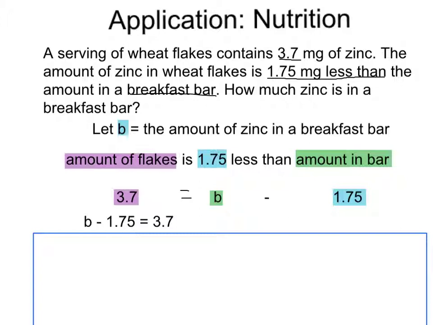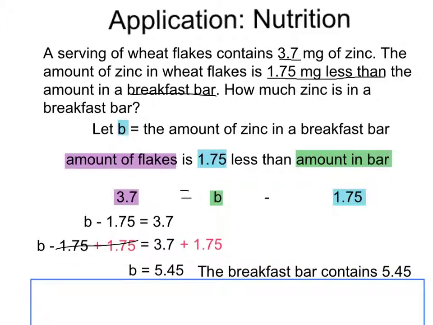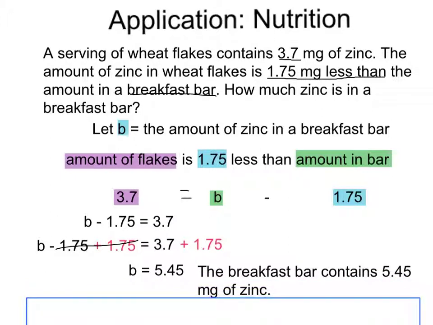So to do the inverse operation, we're going to add 1.75 to both sides. The 1.75 on the B's cancels out. Then we add 3.7 to 1.75. That gives us B equals 5.45, so the breakfast bar contains 5.45 milligrams of zinc.